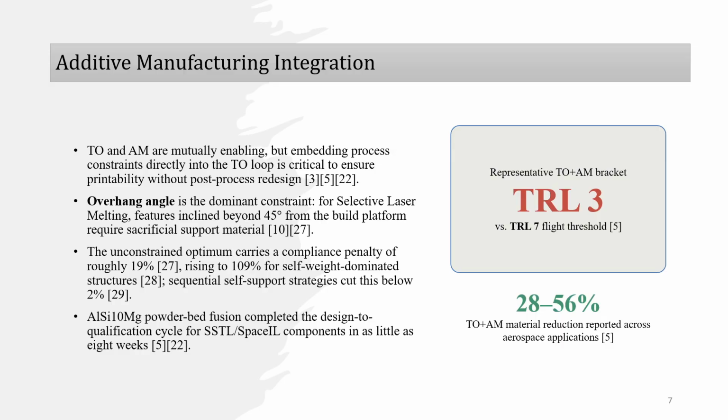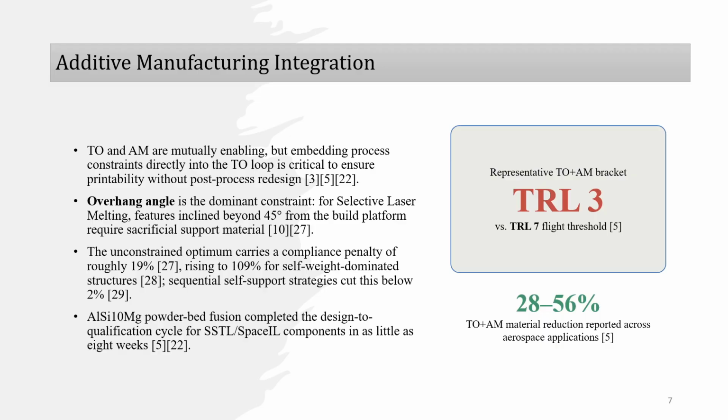Topology optimization and additive manufacturing are strongly connected. Topology optimization often produces complex organic geometries, internal cavities, and lattice-like features that are difficult or impossible to manufacture conventionally.